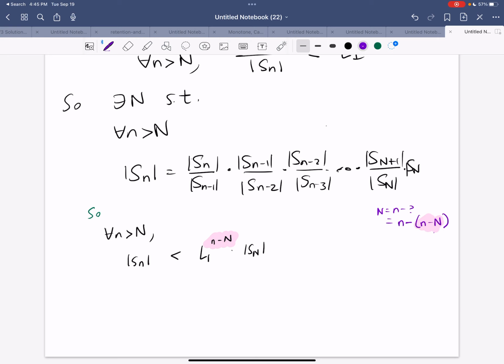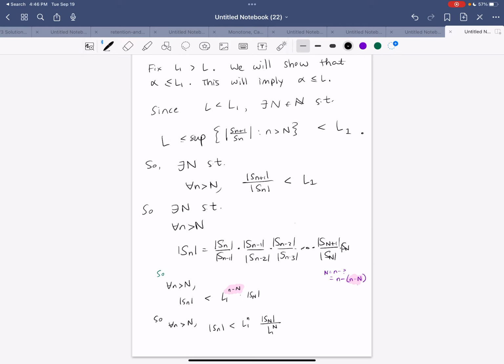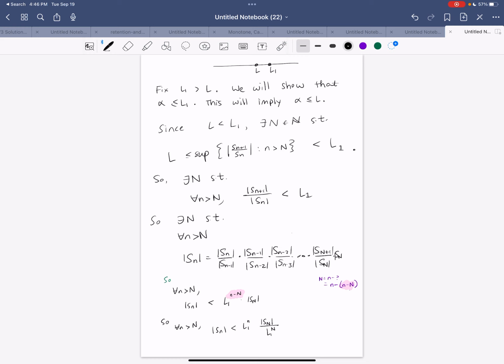And then, of course, don't forget that you have that absolute value of Sn at the end. Okay, so I'm now going to rewrite this. So for all n bigger than N, I have the absolute value of Sn less than, let's see here, L1 to the n times the absolute value of S sub big N over L1 to the big N. Now remember, my goal is to make a relationship between alpha and L1.